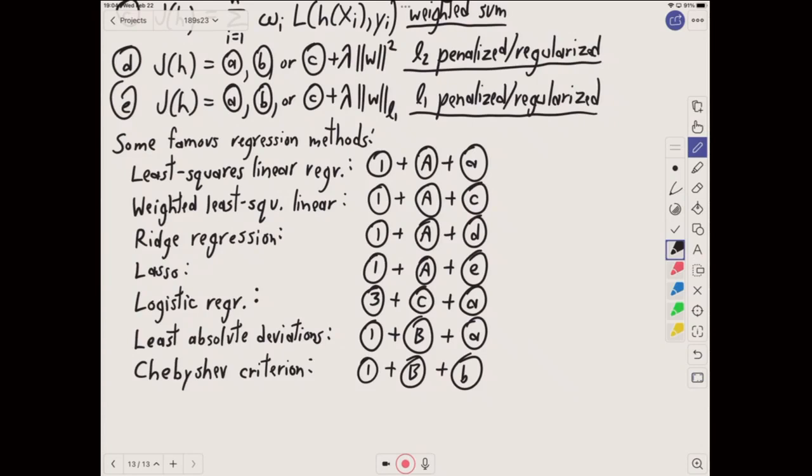To summarize the optimization methods for these algorithms, the first 3 are pretty easy because they always give you a quadratic cost function, so you can solve those by minimizing them with calculus. When I say just minimize with calculus, that's going to give you a linear system you need to solve. So maybe the hardest part is solving a linear system of equations, but there's lots of great software available to do that, so that's easy.